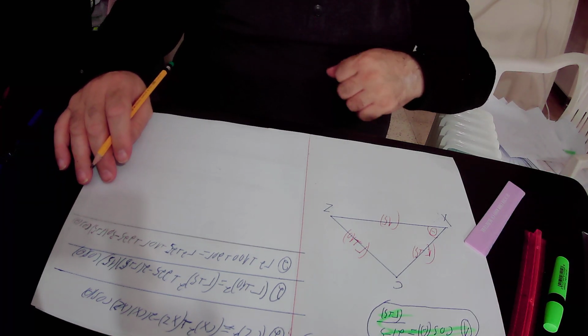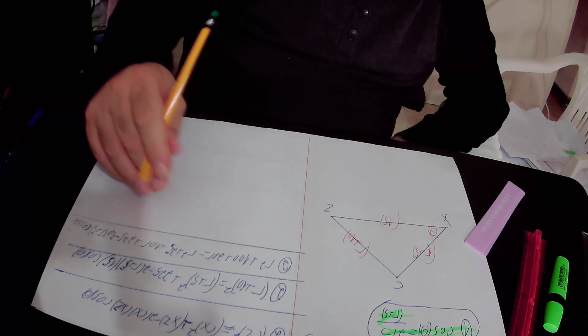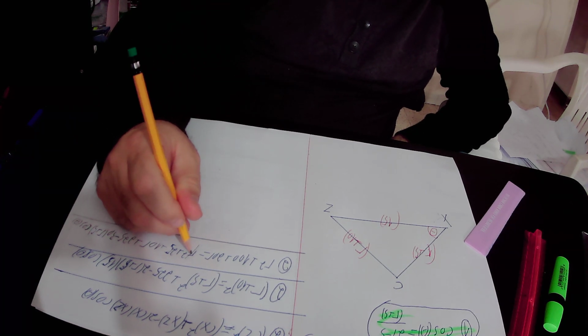Here we have r squared on both sides of equation number 2, so r squared will get cancelled.